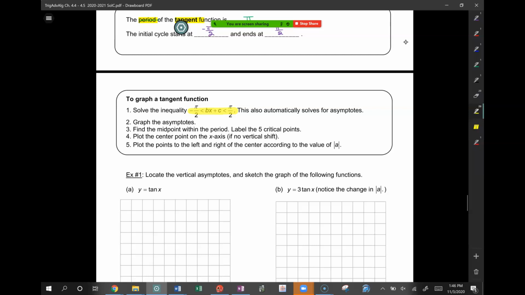And the inequalities are just less than, and not less than or equal to. So it's going to be negative pi over 2 less than the function, and then less than pi over 2.